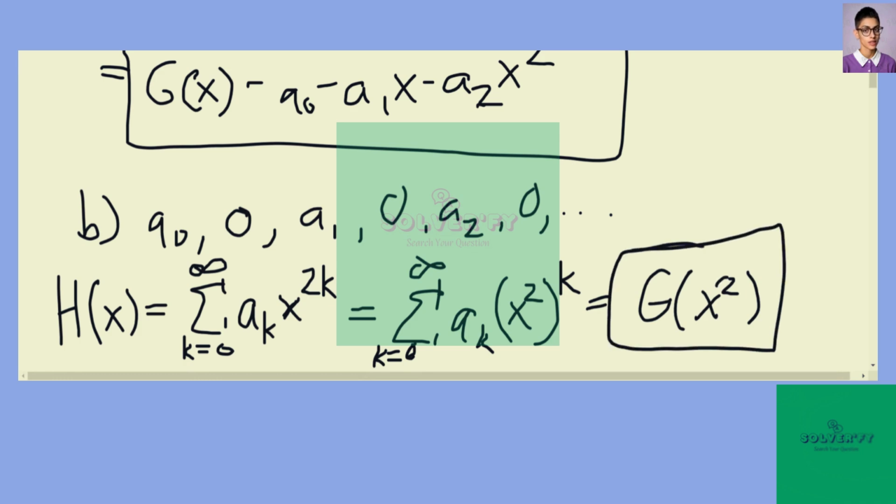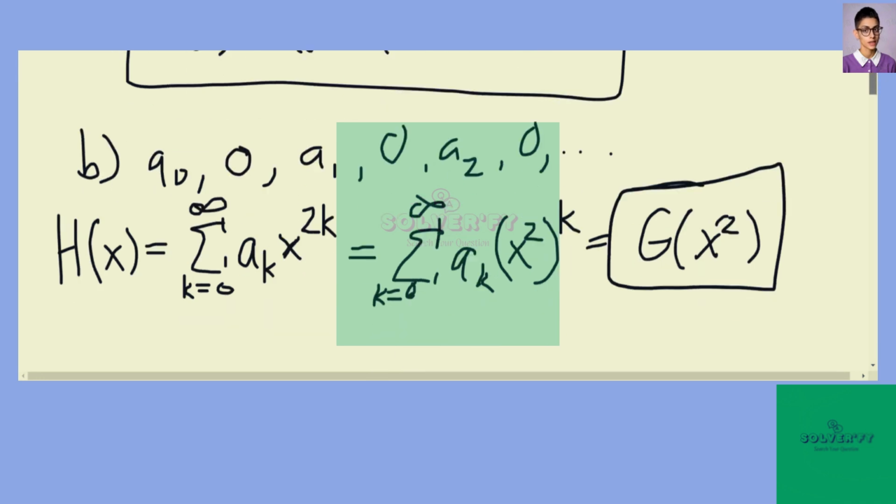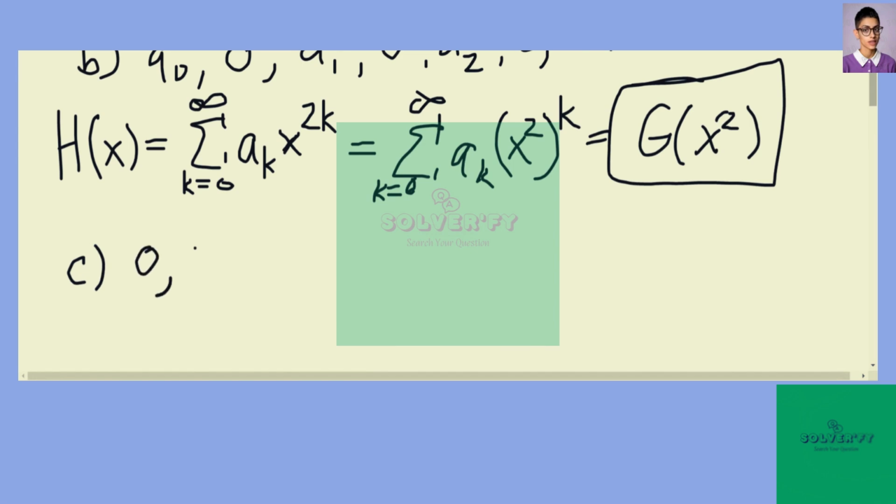In part C, we're given the sequence 0, 0, 0, 0, a0, a1, a2, and so on.